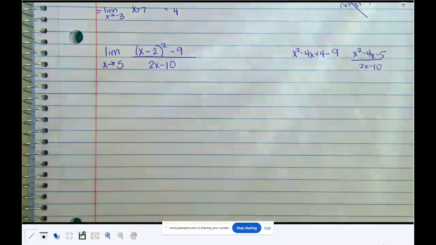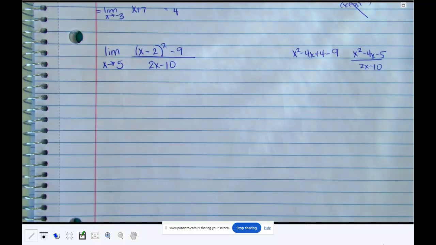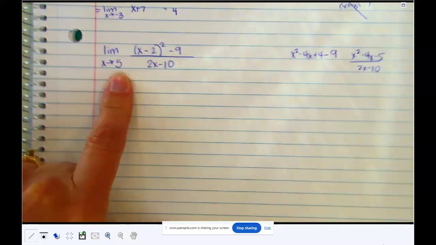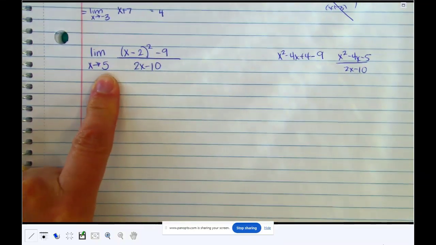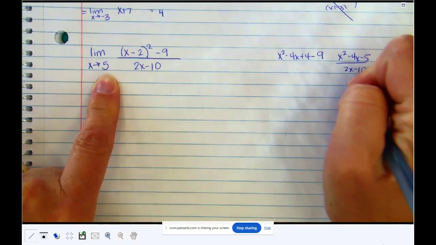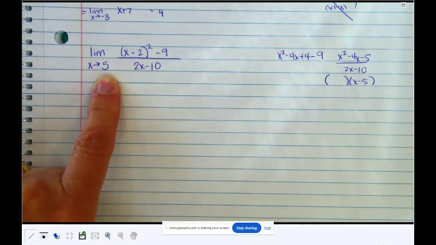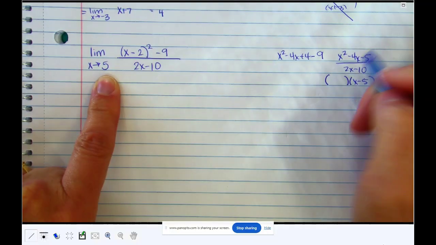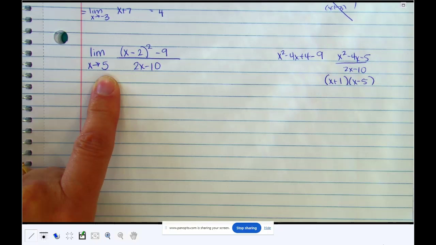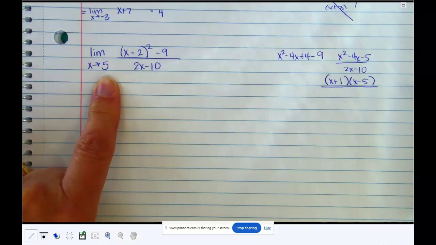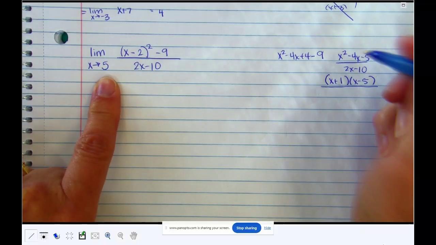So here's where you get a little bit into the weeds. Okay, the top does factor, and you know there has to be what factor to create the hole? X minus 5, right? Because opposite. What's the other one? X plus 1, right? Now, problem is, here's where we would have this on the homework, and then you'd be like, you didn't tell me this.